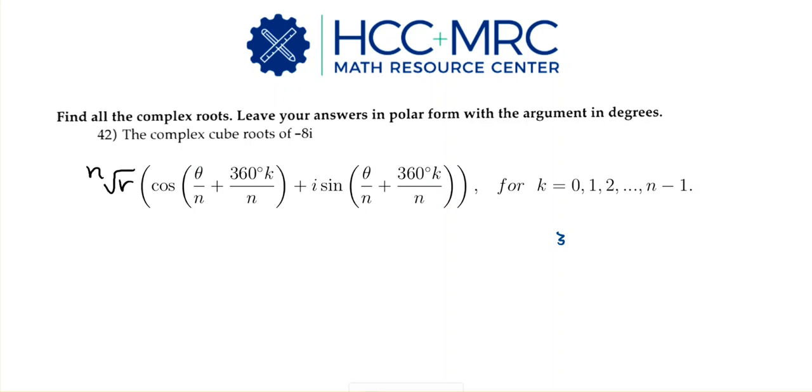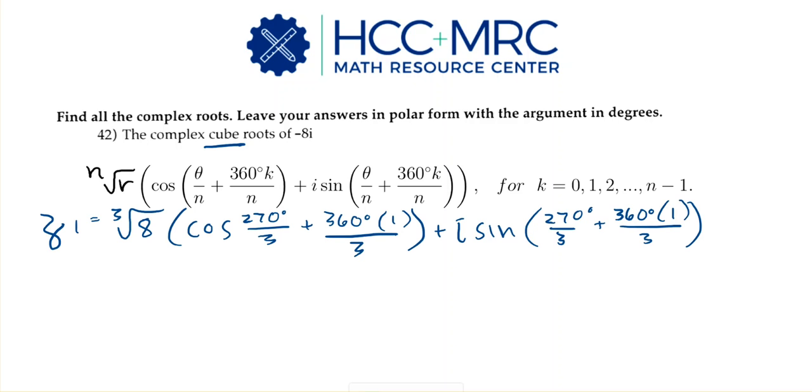For the second trial, which is k equals 1, we've got z of 1 equals the cube root of 8 times the cosine of 270 degrees over 3 plus 360 degrees times 1, the k value, over 3, plus i sine 270 degrees over 3 plus 360 degrees times 1 over 3.